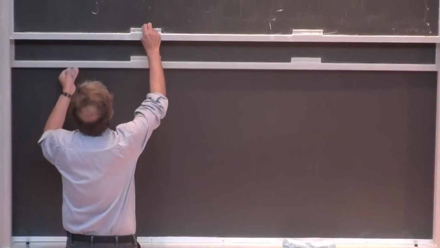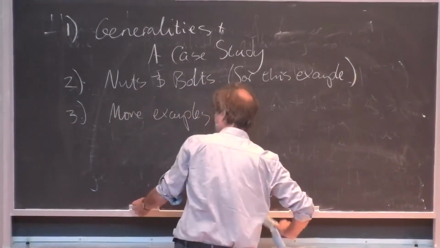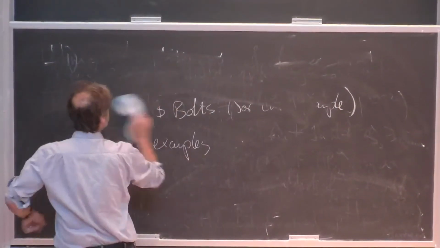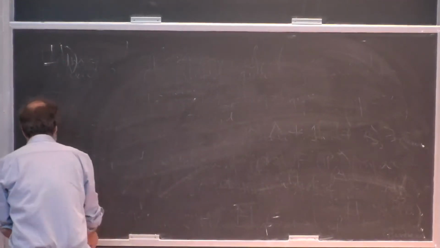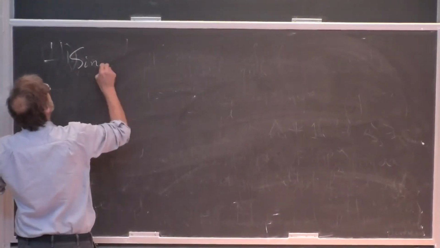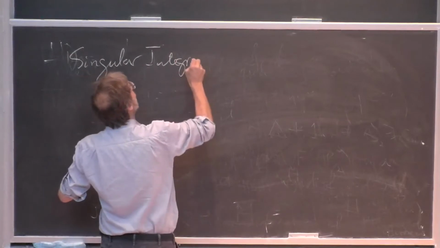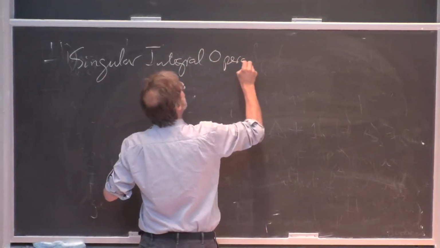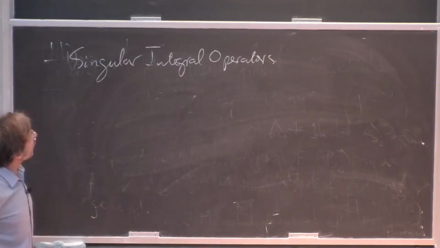Now, historically, I just want to say a few words about all of this. If you go back into the prehistory of this subject, back in the 50s, there was this great development of singular integral operators. And that was really all about Schwartz kernels. Of course, they didn't call them that in those days necessarily, though the Schwartz kernel theorem had been proved.